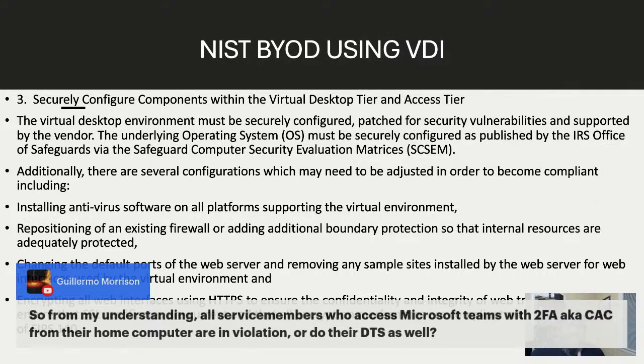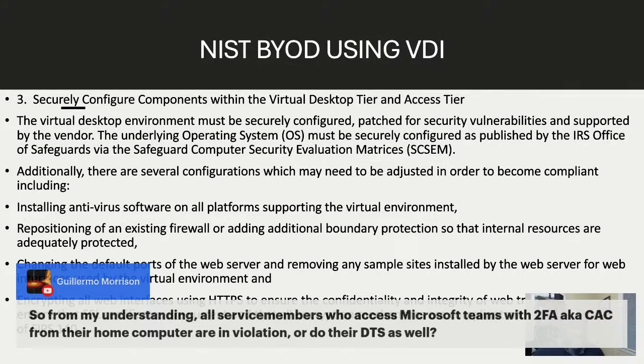So two, let's talk about the classification of the data real quick, Guillermo. If you're on your laptop and you're doing 2FA and using your CAC, most home computers don't have a CAC reader unless they ship them a CAC reader. That's why a lot of times they want to send them government equipment, because you could definitely get an external CAC reader. But if they're touching DoD FISMA data, I would think they would be in violation.